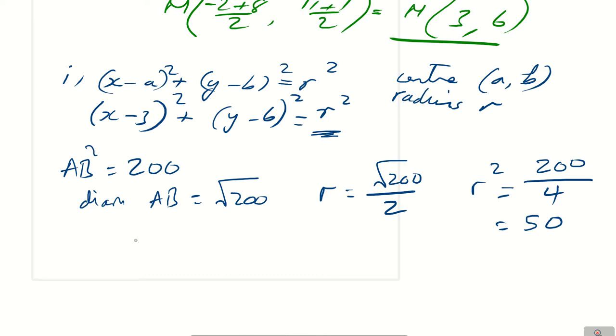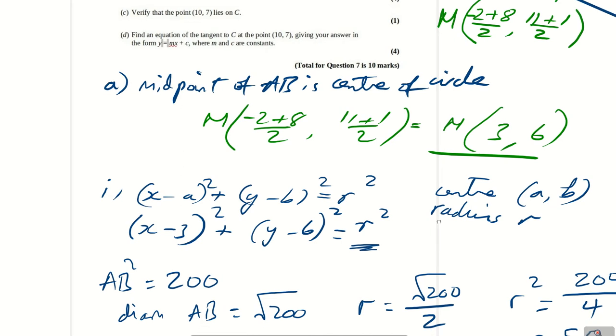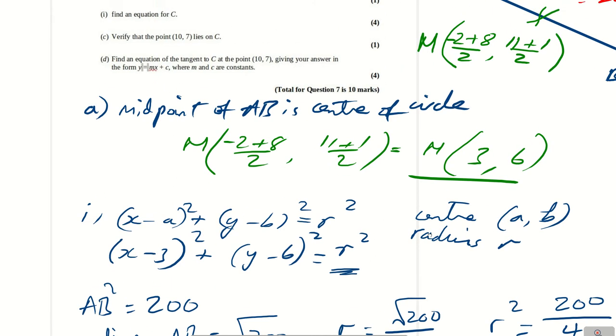So we've got x minus 3 squared plus y minus 6 squared equals 50. And that's the equation of our circle. What we have to do now, I think, is verify that the point 10, 7 lies on the circle, and then we've got to find the equation for the tangent at that point.